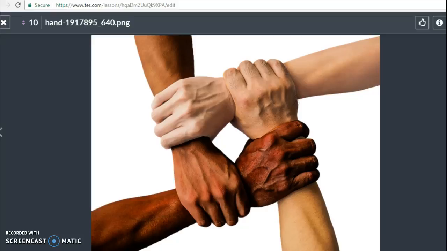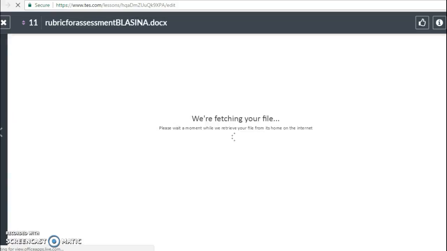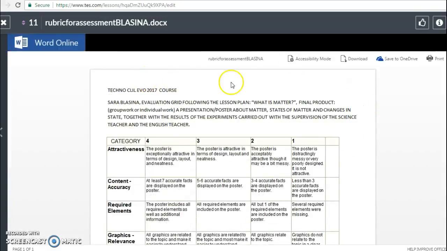Then students, either individually or in group, might be asked to build a poster or a presentation to talk about matter, states of matter, and the results of the experiments, and the following assessment grid, which I built with the help of Ruby Star, would assess this kind of activity.